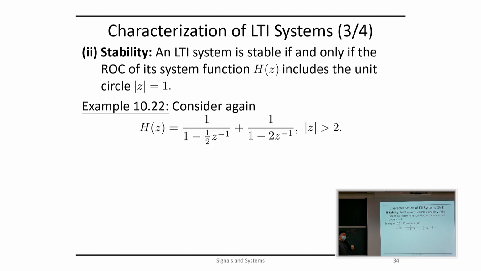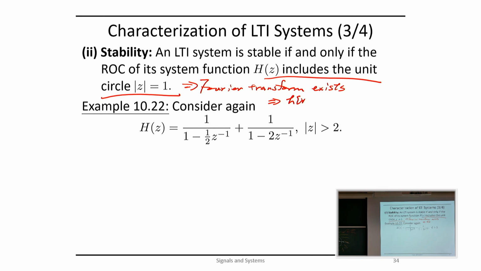And this is because if it includes the unit circle, then the Fourier transform exists and the impulse response h[n] is absolutely summable.